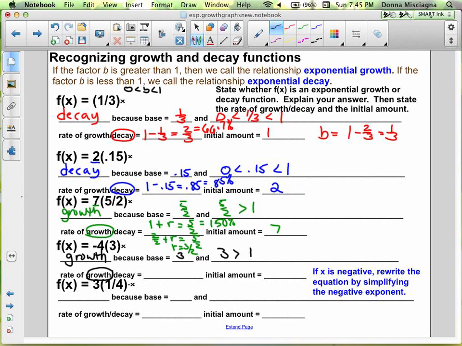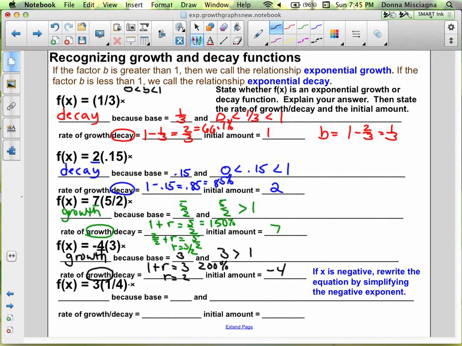Your rate of growth is, so 1 plus r gave you 3. You subtract 1 from both sides, r is 2. That means you're increasing by 200%. 200% growth. Your initial amount is the number not raised to the power, negative 4. Yes, you can have a negative starting value.